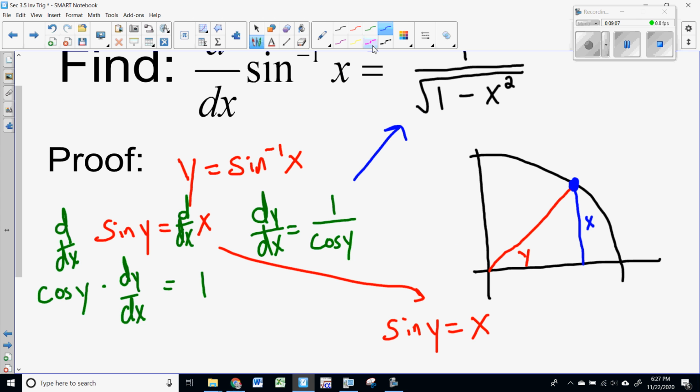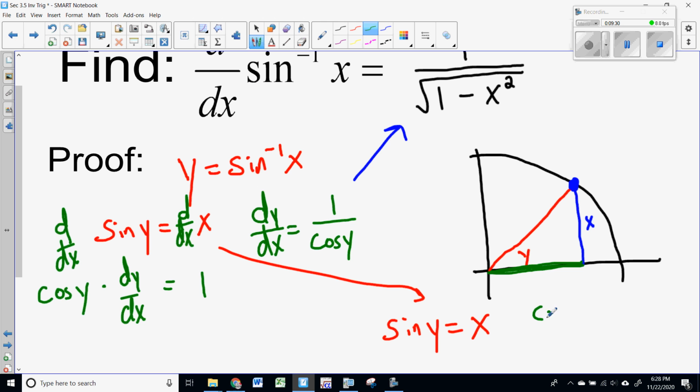So if I want to find cosine of y, the hard part is here when you're thinking of the graph, we're using x and y, even though this green line is the x-coordinate and this blue line is the y-coordinate, but we're calling it x and our angle is y, so try to stay with the notation.